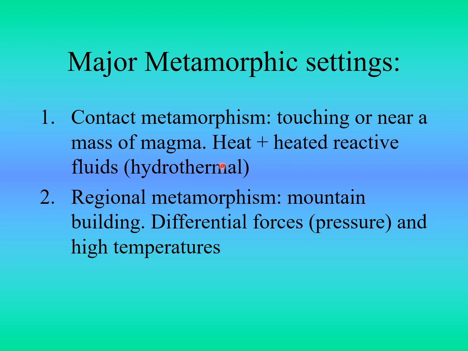That's through heat directly from the magma, or from that magma heating reactive fluids like water that exist in the ground or in the crust. And that's hydrothermal, so that's a slightly different process from direct heat from the magma. That's hydrothermal fluids, superheated water moving through those rocks and altering them as well.